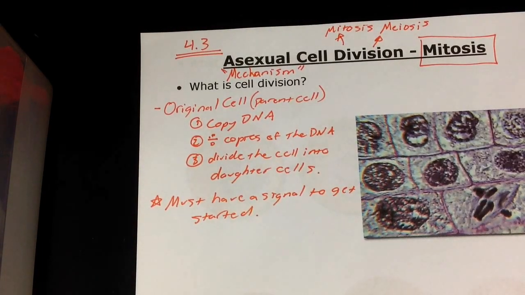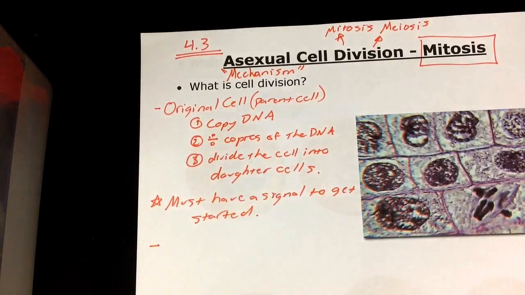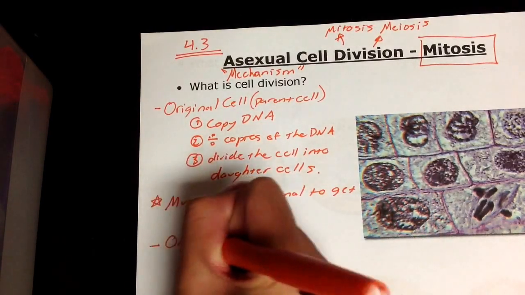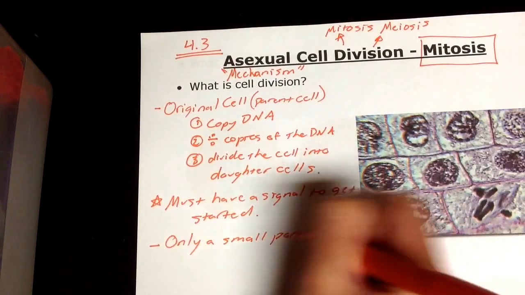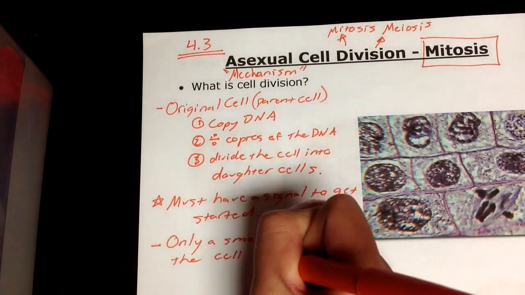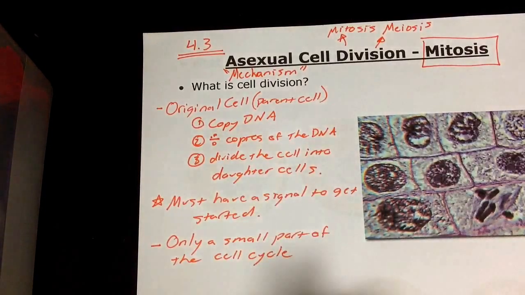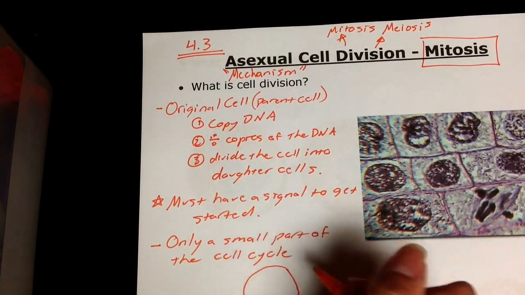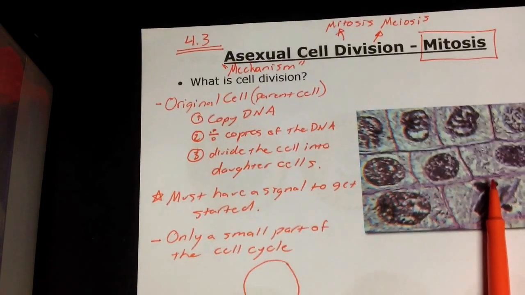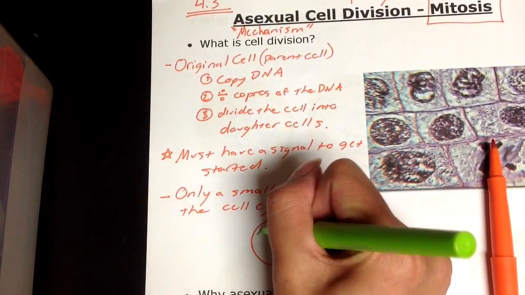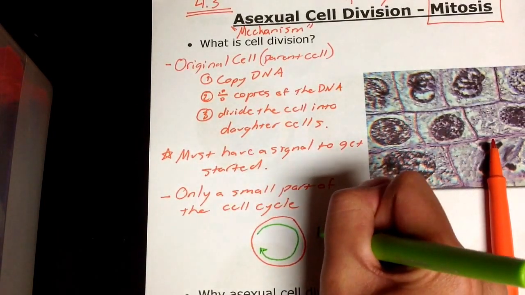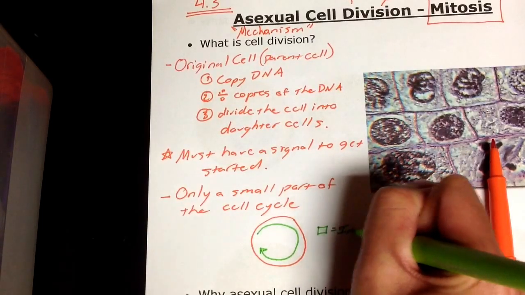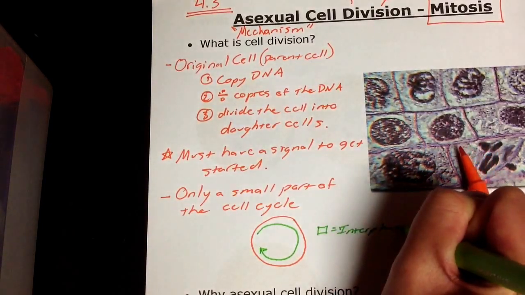All right. The division of the cell or of the nucleus, mitosis, is only a small part of the cell cycle. So if you remember the picture of the cell cycle, for most of that cycle, and I'm going to represent that by green, the green is going to represent interphase, which was the normal life of the cell.